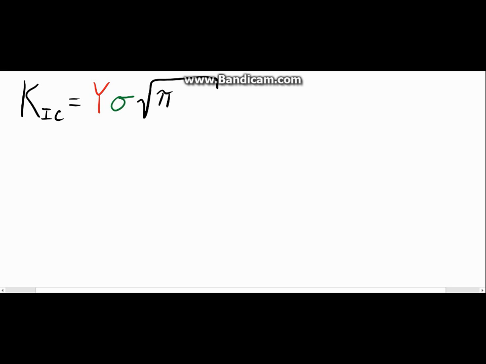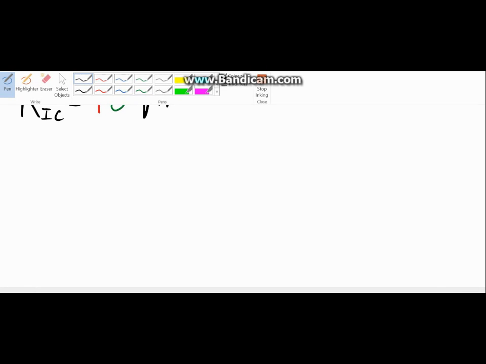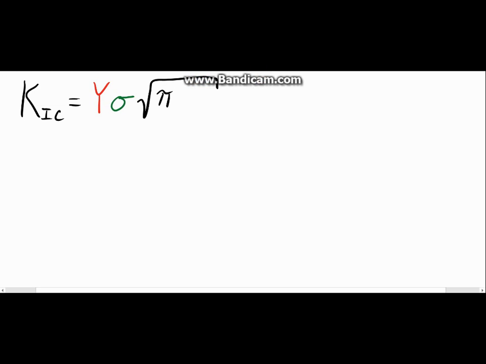Don't worry about why pi is there, it has to do with the geometry of the sample, times A. And A was our crack length.